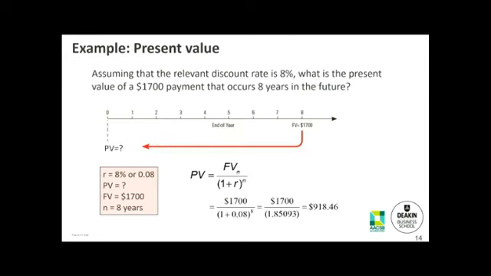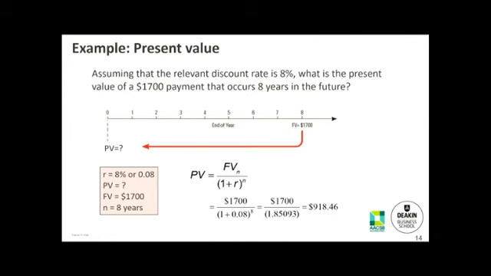Let's do one example, like what we did for future value, one by one. Assuming that a relevant discount rate is 8%, what is the present value of a 1,700 payment that occurs 8 years in the future? So we know there will be $1,700 that occurs 8 years in the future, and we want to know the present value of this $1,700 today.